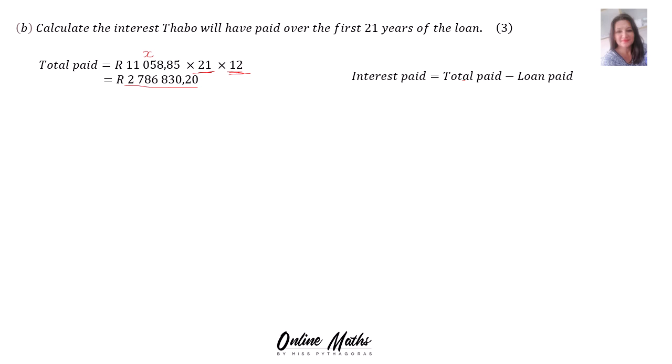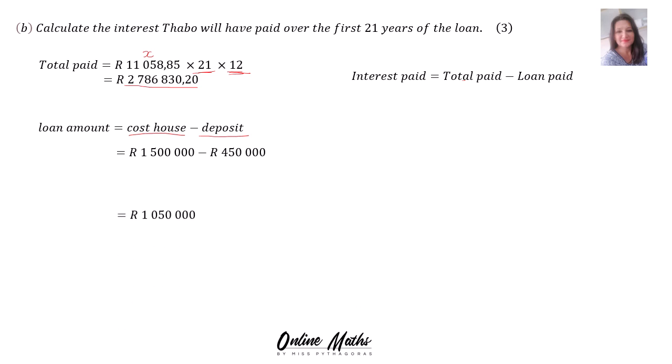Then, before we can calculate the loan paid, we need to first decide what was the loan amount. So the loan amount was the cost of the house minus the deposit. Can you remember, right at the beginning, the house was 1.5 million and he paid 450,000 deposit. So that is the loan amount.